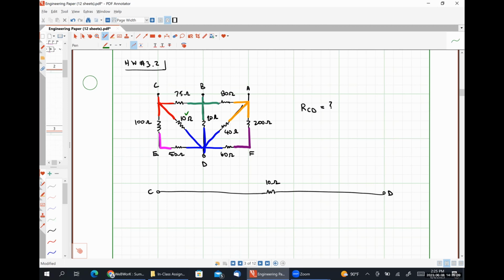Okay. So there are multiple other ways that I can get from C to D. So I need to make sure that I include them too. The next easiest path would be to go from node C to node E and then to node D. So since I'm going through E, I'm going to put that here in the middle. To go from C to E, I go through the 100 ohm resistor. Sorry, I wrote 10 and I meant 100.